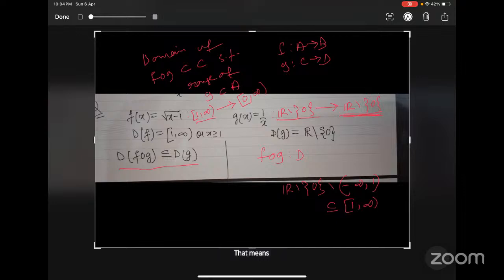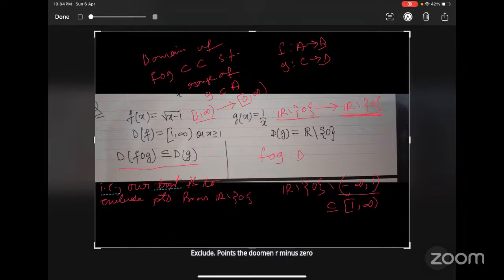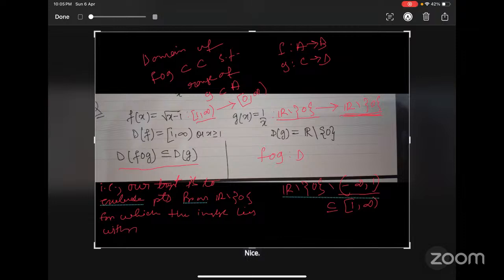That means we have to exclude points from the domain R minus 0 for which the image lies within the set minus infinity to 1.